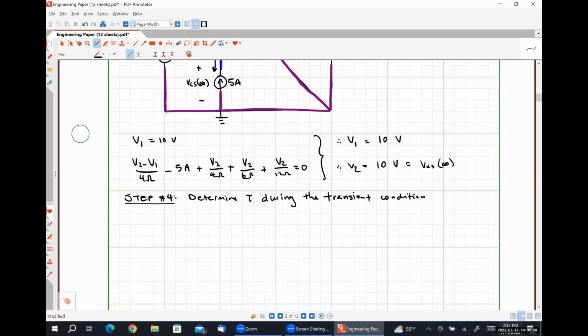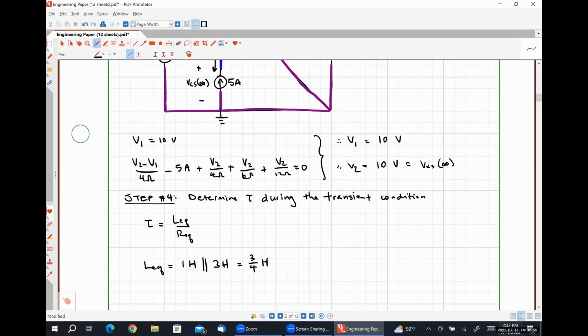Because this is an RL circuit, we know tau should be LEQ divided by REQ. And we already found at the beginning when we simplified things that LEQ was 1 Henry in parallel with 3 Henries, or 3/4 of a Henry.